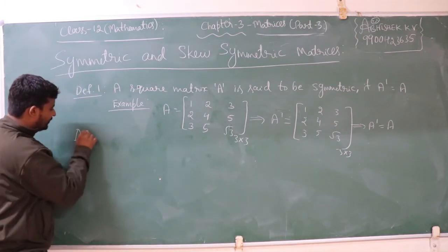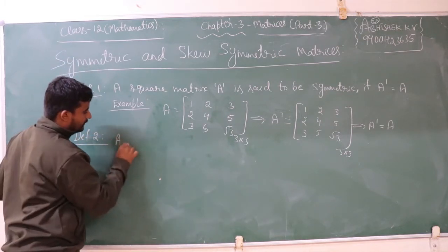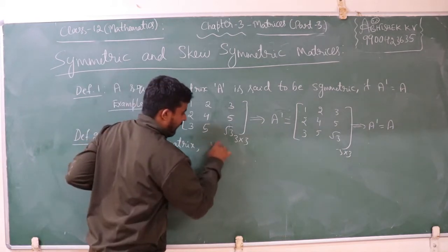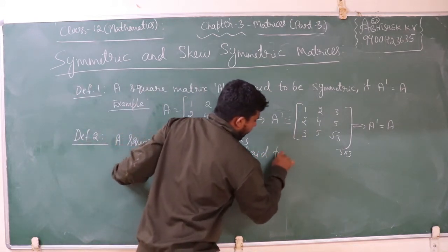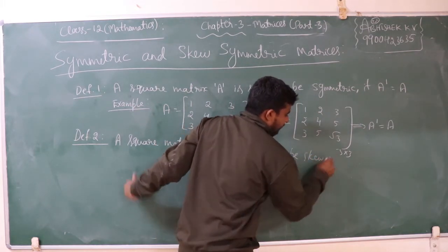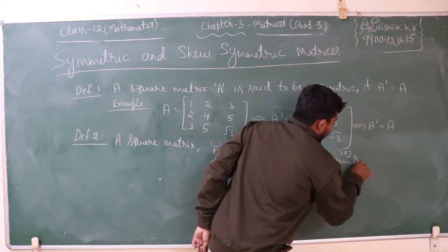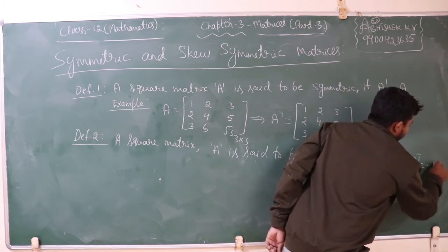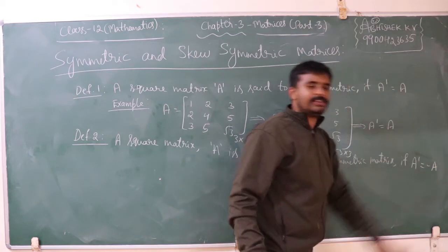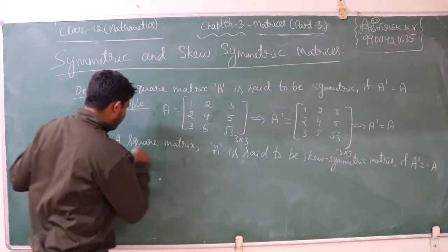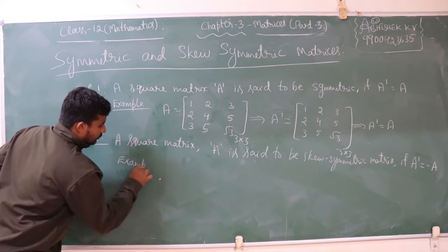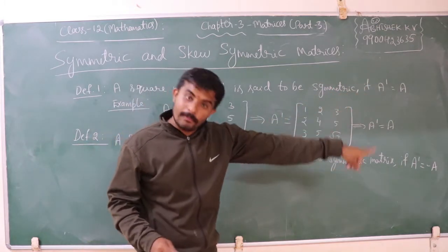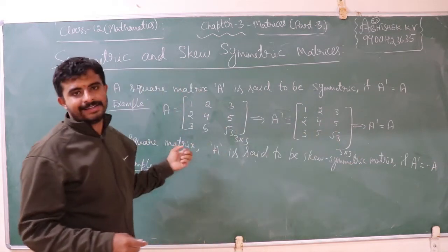Then I move on to definition 2. A square matrix, say A, is said to be a skew symmetric matrix if transpose of that matrix A, denoted by A prime, is equal to minus A. To define symmetric, transpose of that matrix is equal to matrix A. But here transpose of that matrix is equal to minus A. If you get the negative of that matrix, then that matrix is skew symmetric.